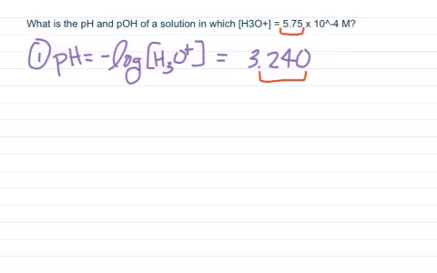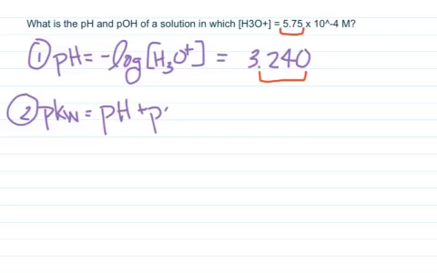Now for the pOH. Because we know the equation, pKw is equal to pH plus pOH, which equals 14.000. This is a known number, so it doesn't matter when we're looking at sig figs.